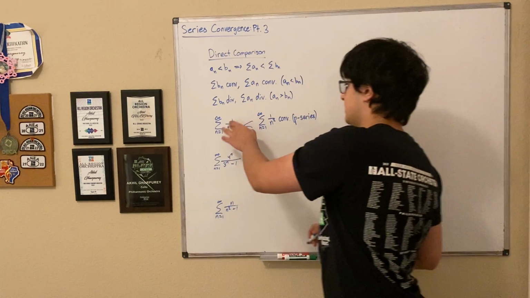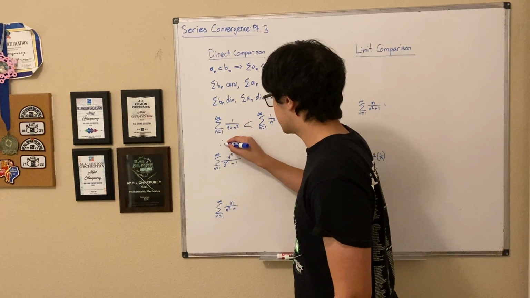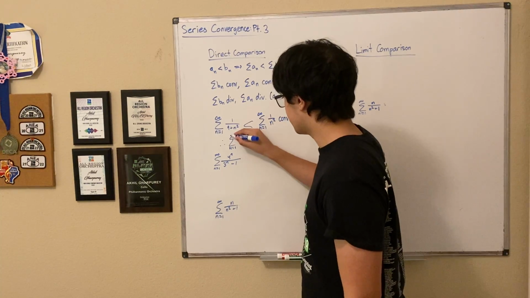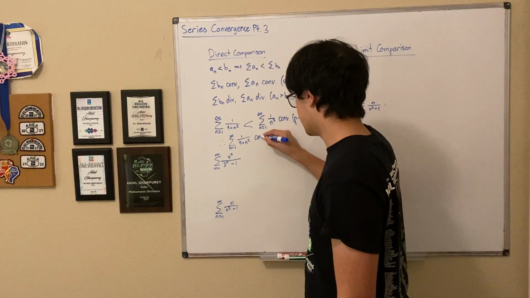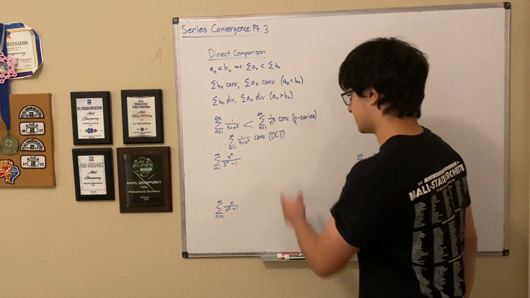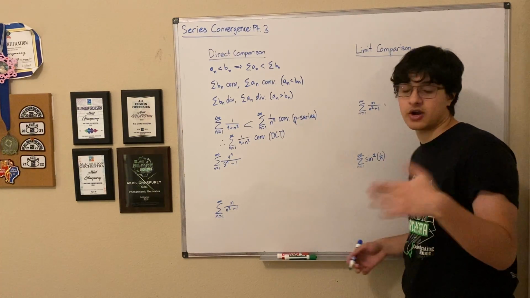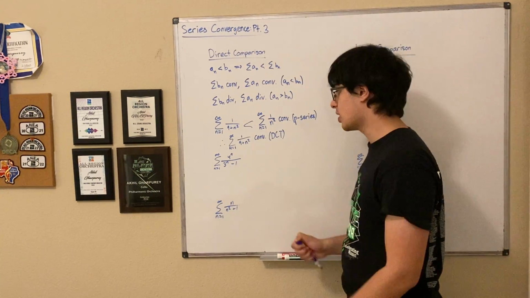And since we have this series being less than a convergent series, the series from 1 to infinity of 1 over 9 plus n squared also converges. And this is by the direct comparison test. I just like to abbreviate it with DCT. I don't like to write out direct comparison test. That's too many letters.